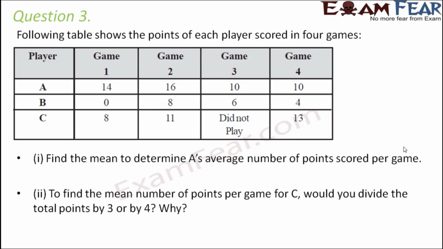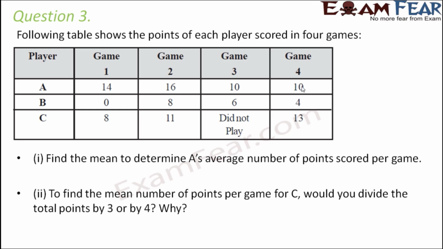Question number 3. The following table shows the points each player scored in 4 games. There are a couple of questions that you need to answer. First, find the mean to determine A's average number of points scored per game. A has played in 4 games, game 1, 2, 3, 4.